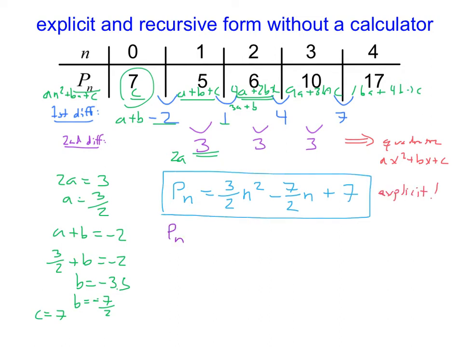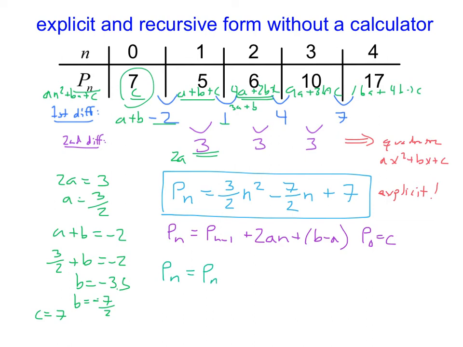And for recursive, it's the previous entry. And then it pays to remember this general rule that it's 2an plus b minus a, where then we start with the c value. And because we know the explicit rule, we can then look at what the a, b, and the c values are, and get the recursive rule.